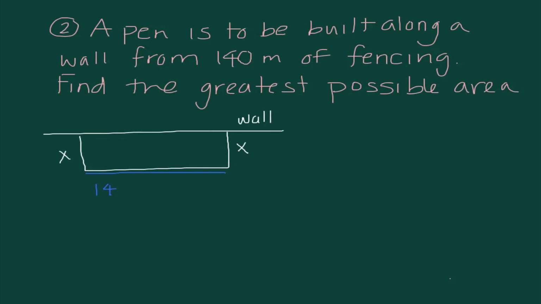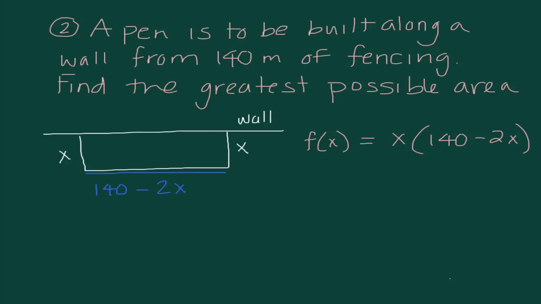So I'm going to take 140 and subtract 2x, because 140 is the total amount of fencing, and I'm subtracting 2x because I have this x and this x. So now I'm going to say f of x, because it's talking about area, so I'm going to want to multiply, equals x times 140 minus 2x.